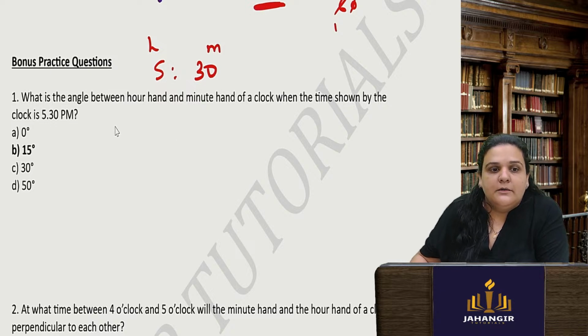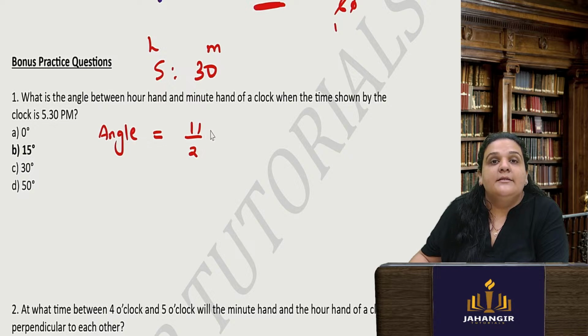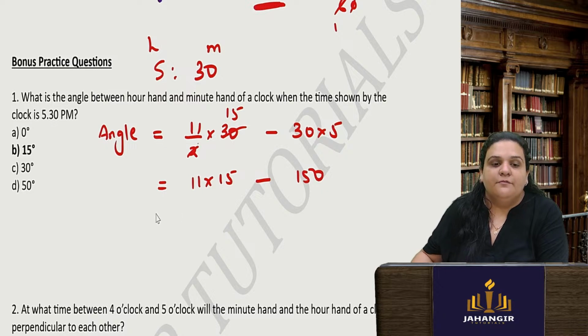We will put the equation: angle will be equal to 11 upon 2 times the minutes, 30, minus 30 times the hours, 5. So this is 11 into 15, 165, minus 30 into 5, 150, which is going to be 15 degrees.